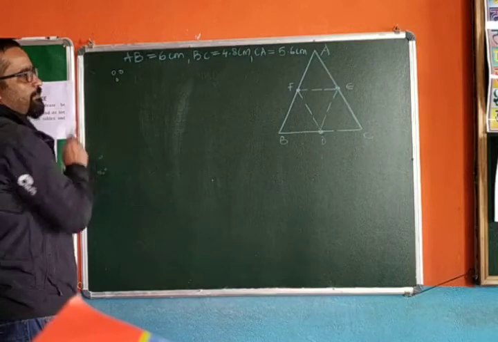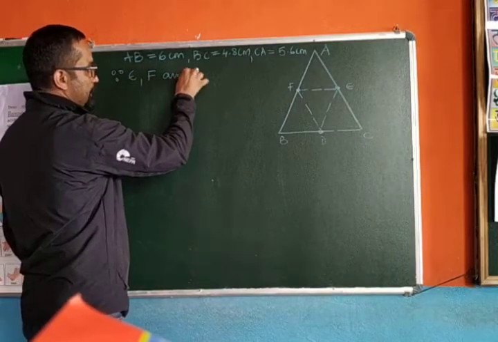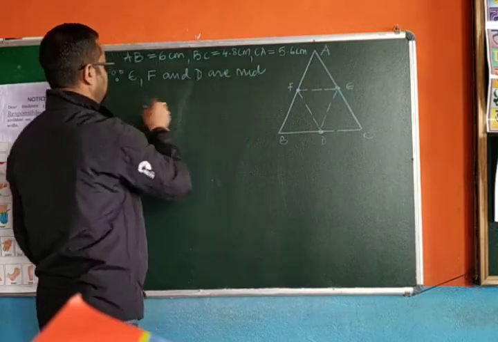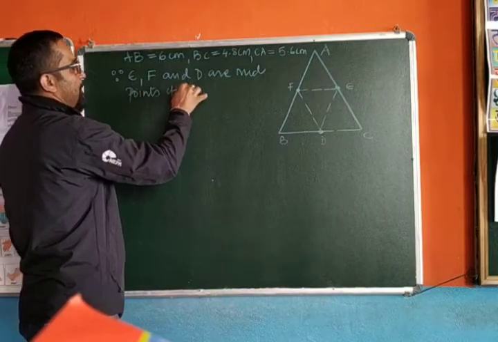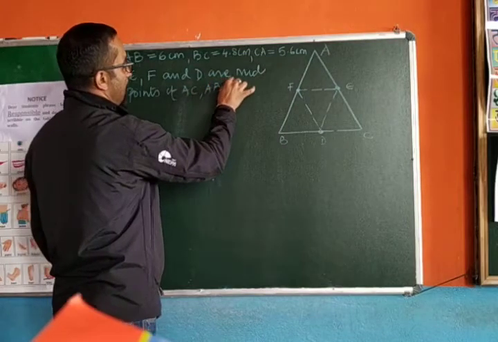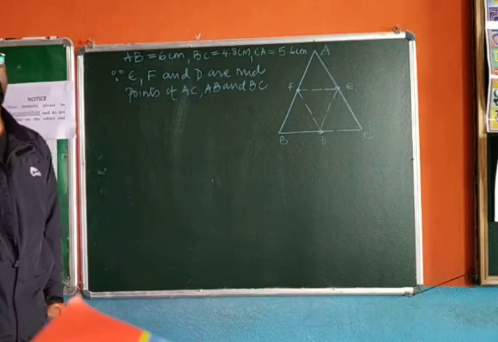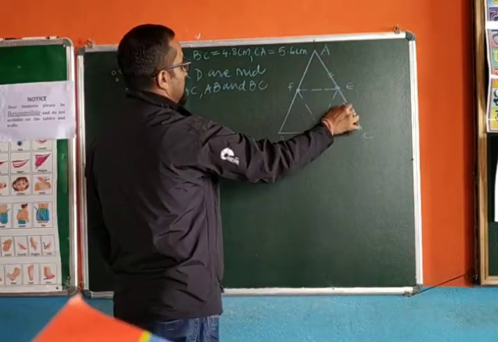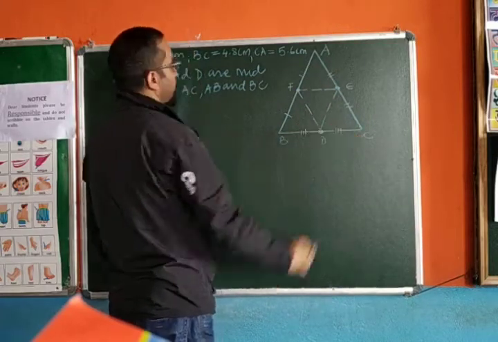Since E, F and D are midpoints of AC, AB and BC, they are the midpoints, meaning that these points divide the sides in equal halves.